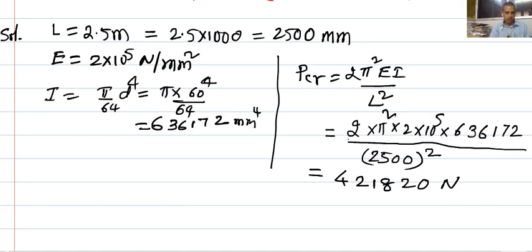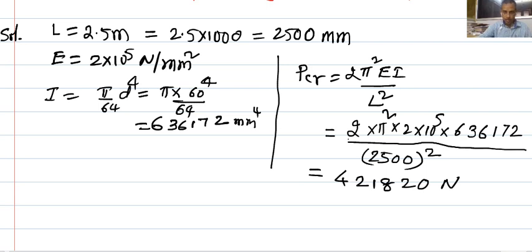Can anybody verify this? So we can try to see 2 into pi square into 2 power 5 into 63,61,72 divided by 2500 square is 401. 2 into 10 power 5.